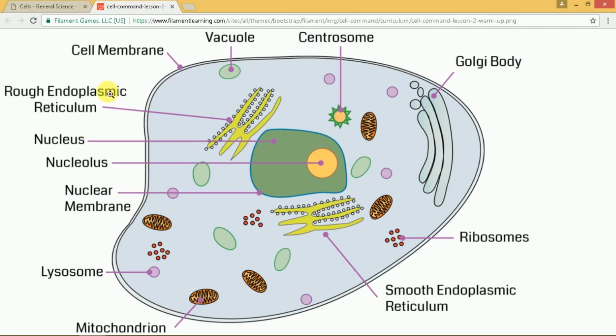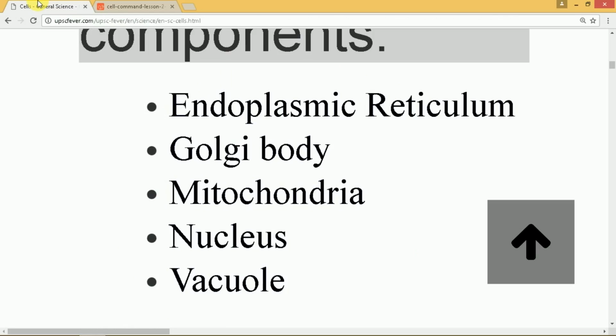So centrioles are a unique feature of animal cells, whereas there is another unique feature found only in plant cells, and that is plastids. Green color plastids and white color plastids are the types of plastids.